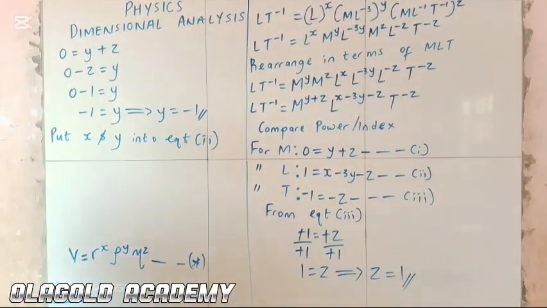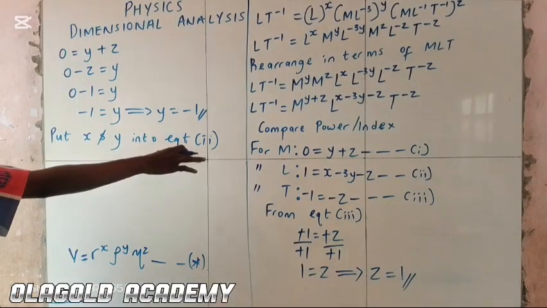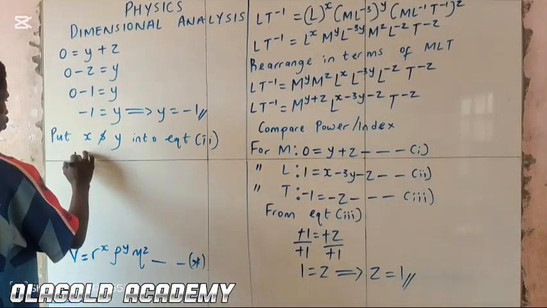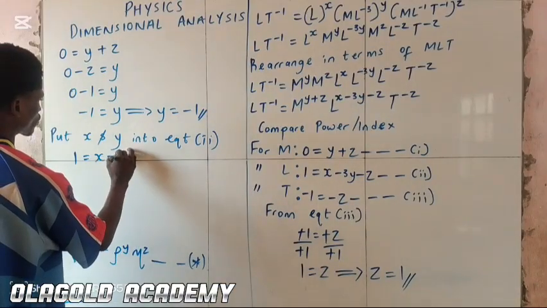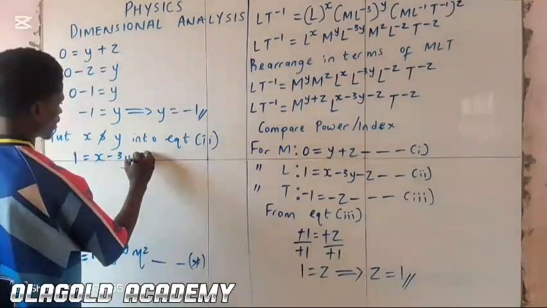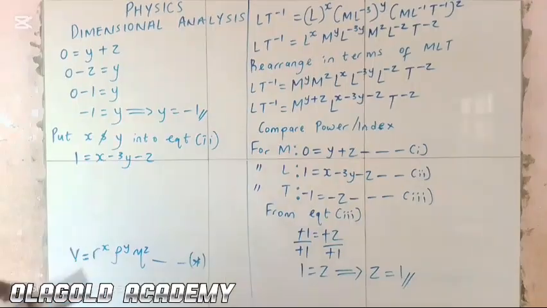So we have this. Alright, equation 2, we are having 1 equal to x minus 3y minus z. So we have this.